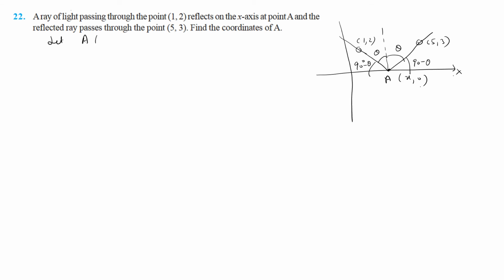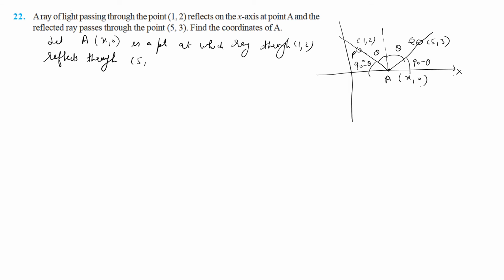Let A be the coordinate (x0, 0), the point at which, say this is P and this point is Q, the ray through (1, 2) reflects through the point (5, 3).